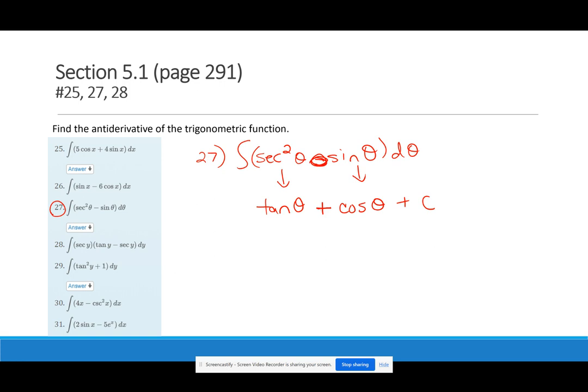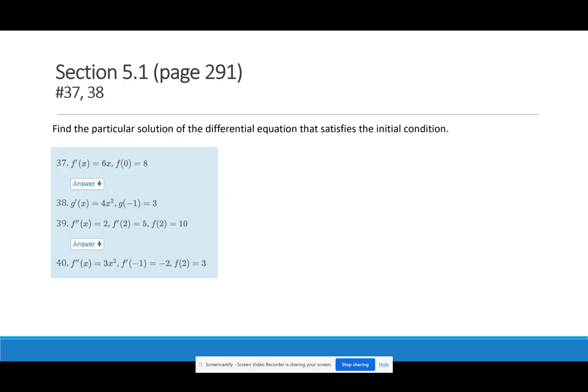And then there's one more objective coming from the 5.1 material, and that's looking for the particular solution of a differential equation that satisfies the initial condition. 37 and 38 were given as example problem numbers. So let's take a look at 38.